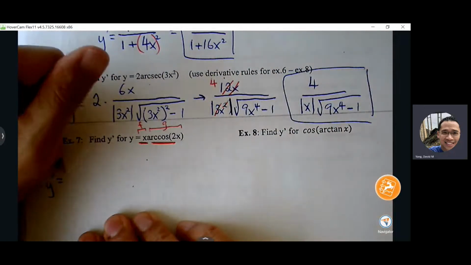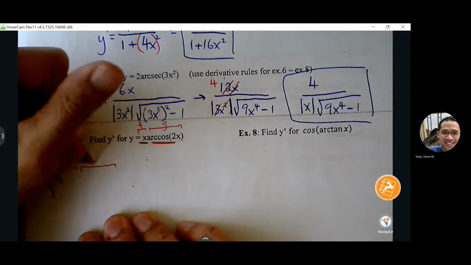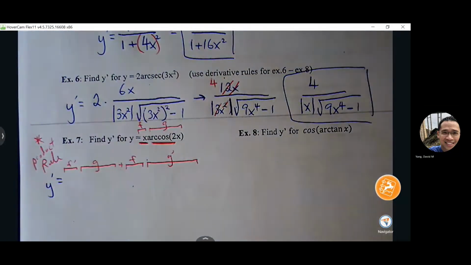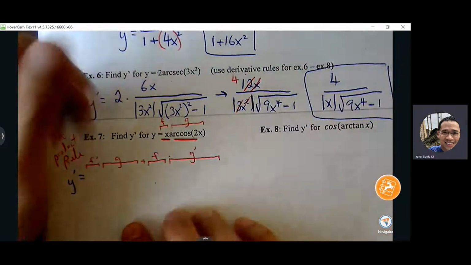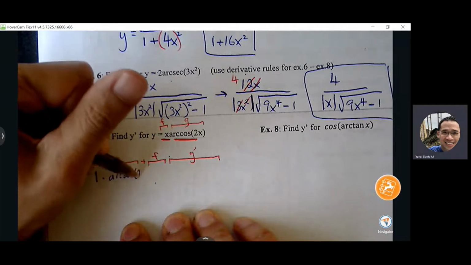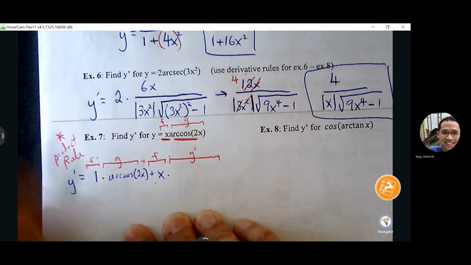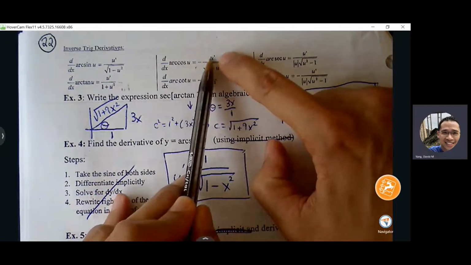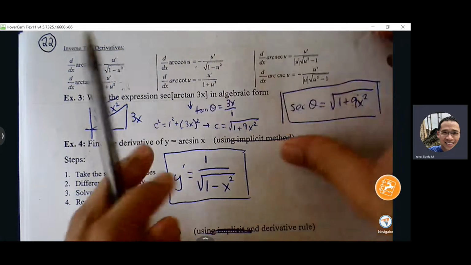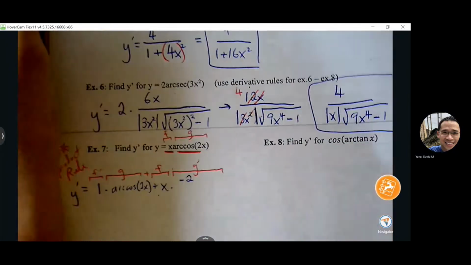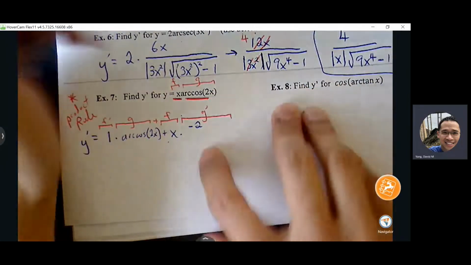Okay, f prime g plus f g prime. Okay, x becomes 1. Arc cosine stays. Back to f. And then g prime. So arc cosine is the same derivative rule as arc sine. We just have to put a negative in front, right? So negative u prime over the square root of 1 minus u squared. So negative 2. Right? My u prime is 2x becomes 2.